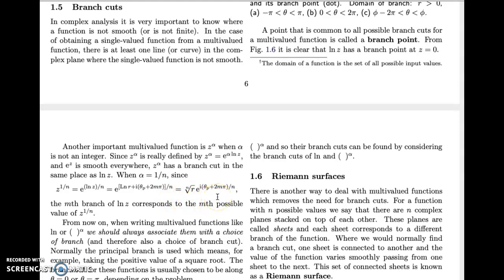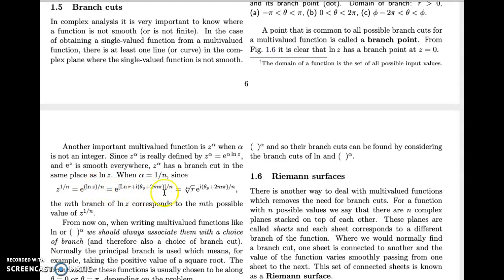So here we've got the mth branch of log. The mth branch of the log function actually just corresponds to the mth possible value of z to the 1 over n. We recognize this as something familiar: the formula for the nth roots, but we actually got it via this formula when expanding log in the normal way.